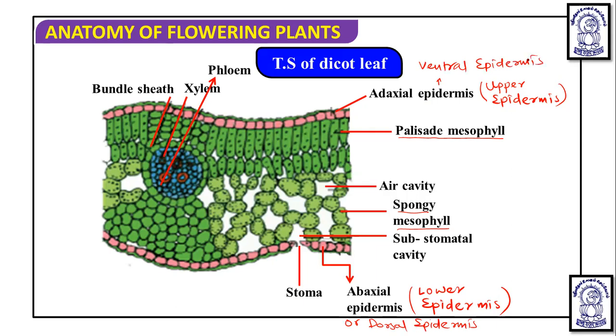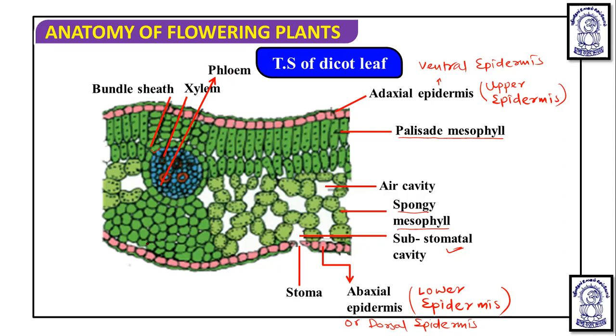Apart from this, below a stoma a small cavity is present, which is known as the substomatal cavity. And in this structure, you will see the presence of a layer of bundle sheath cells. Then you will see the xylem and phloem, that is the vascular bundle, present here.